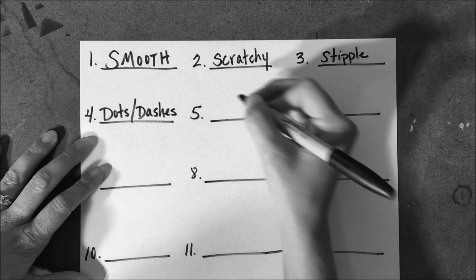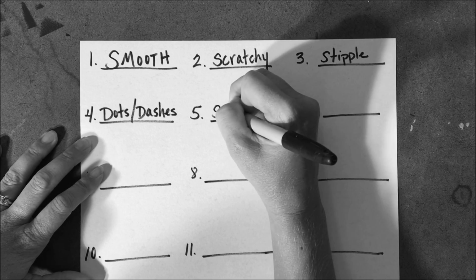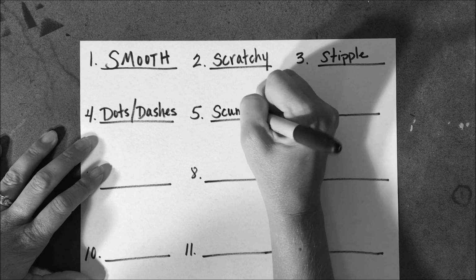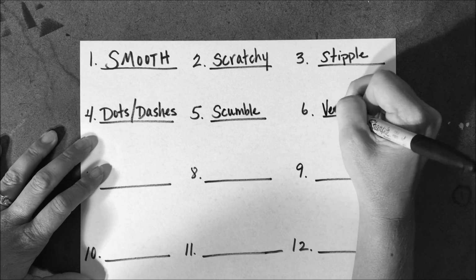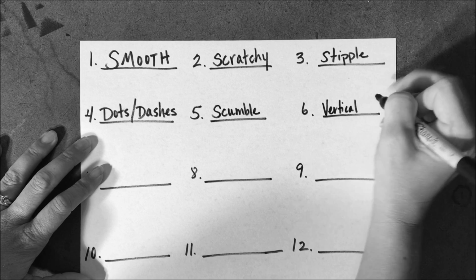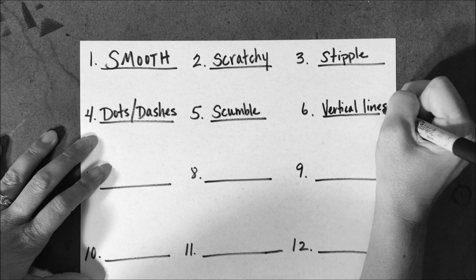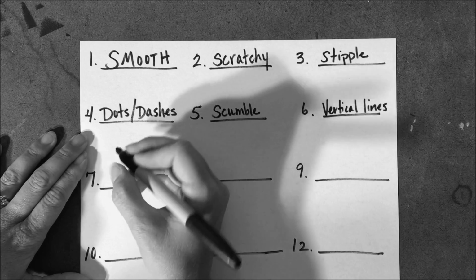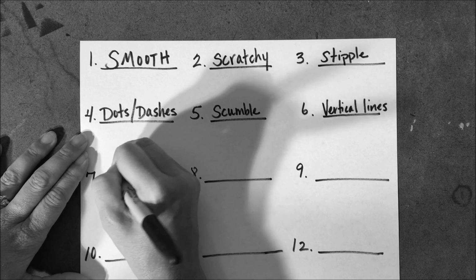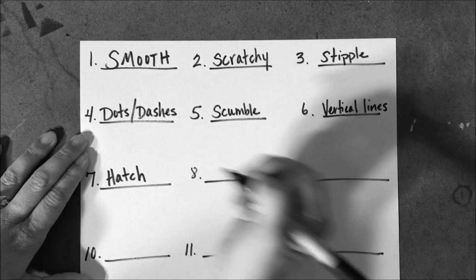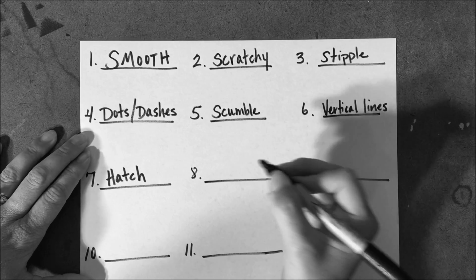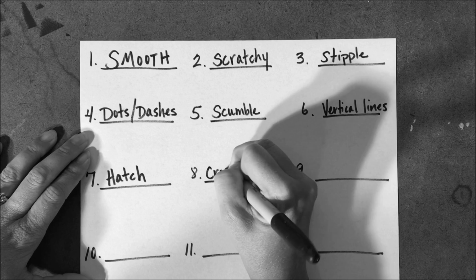Number 5, scumble. Number 6, vertical lines. Number 7, hatch. Number 8, crosshatch.